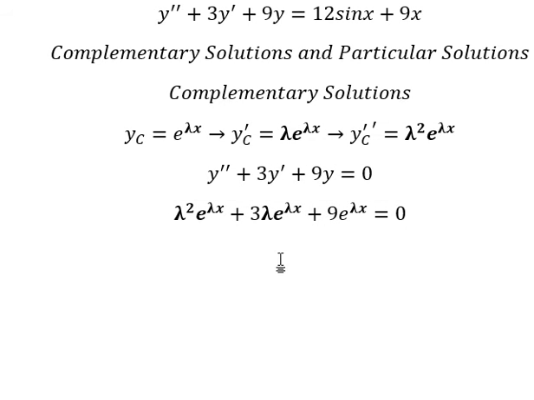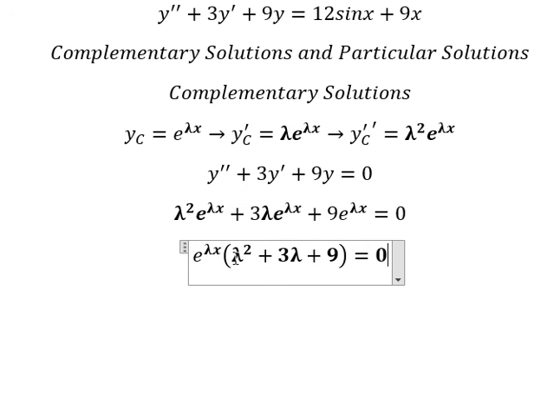Next, we need to do factorization. So we put this one like this, and we will have lambda square plus 3 lambda, and we have number 9.